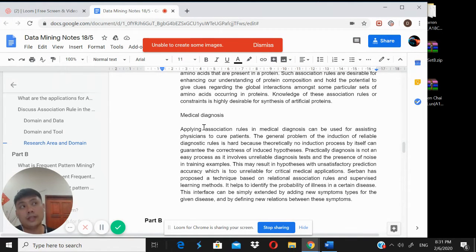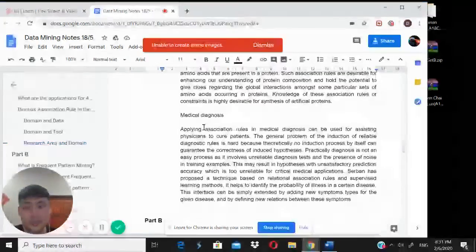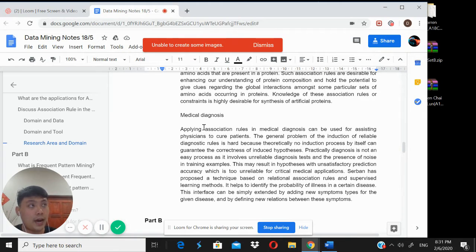Association rule can help to determine the relationship between, maybe, medicine A and sickness A. We can find a relationship, whether medicine A cures, or how effective medicine A is against sickness A.